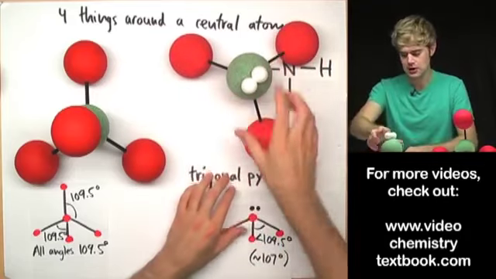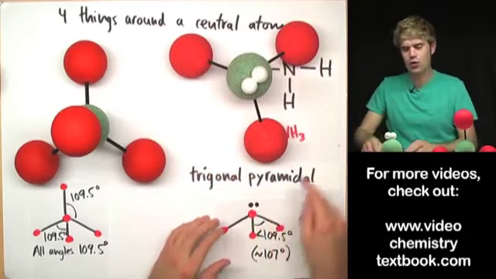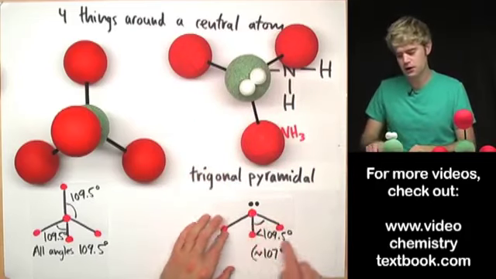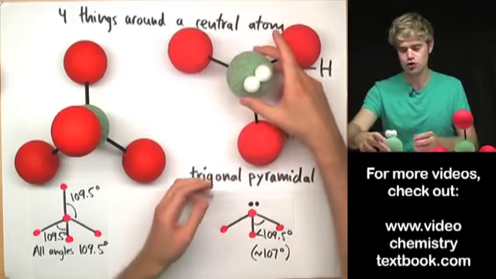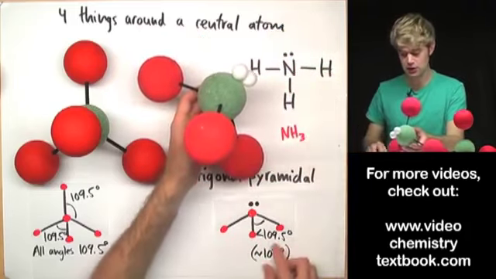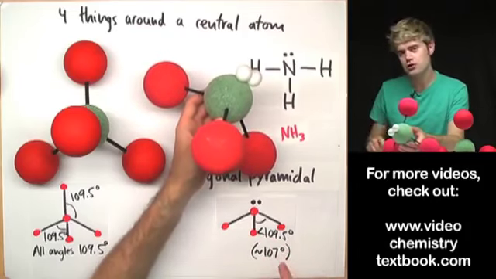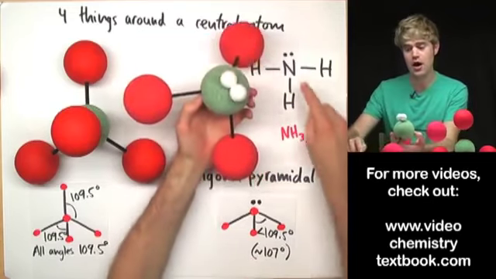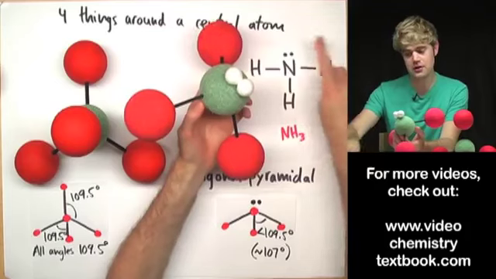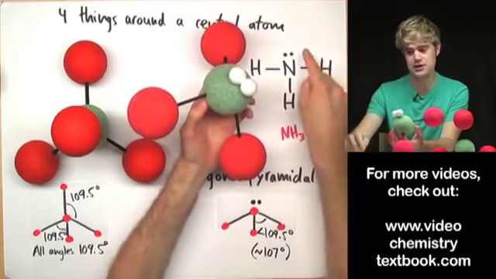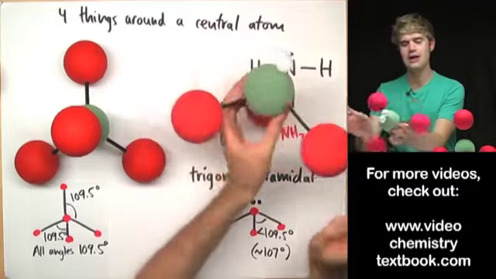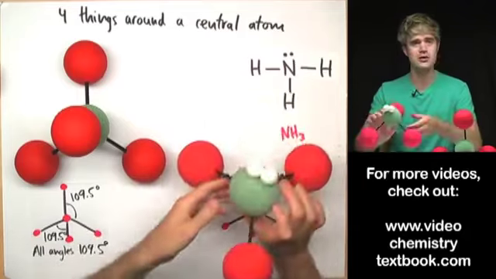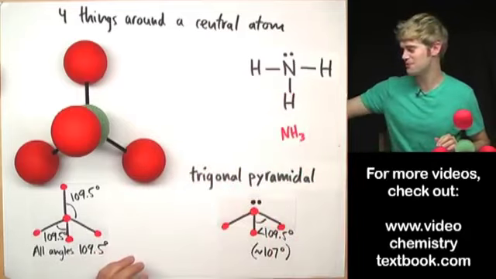And so that means that the angle between these bonds is pushed a little tighter, and so it's smaller than 109.5. For a trigonal pyramidal molecule like NH3, the bond angle is more like 107 degrees, a little less than 109.5 degrees. So if you have 4 things around a central atom, but 3 of them are bonds and 1 of them is a lone electron pair, you end up with a shape that's called trigonal pyramidal that looks like this. Okay, one more example and then we're done with the Vesper video.